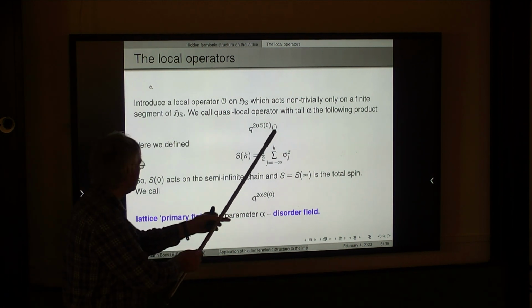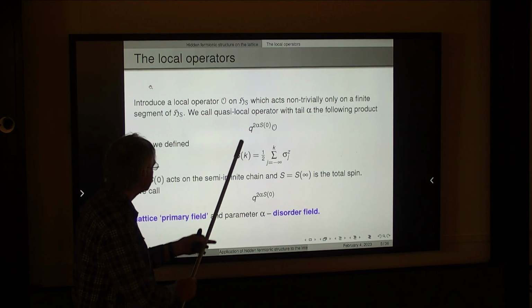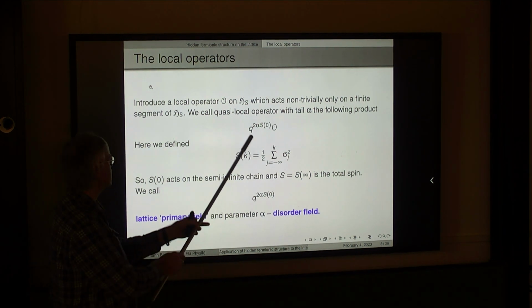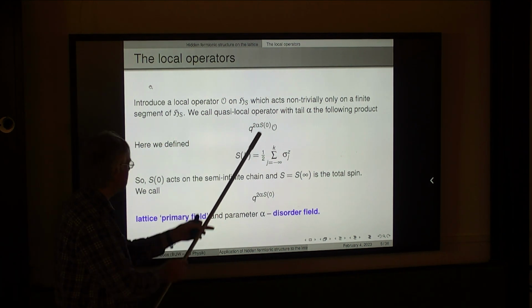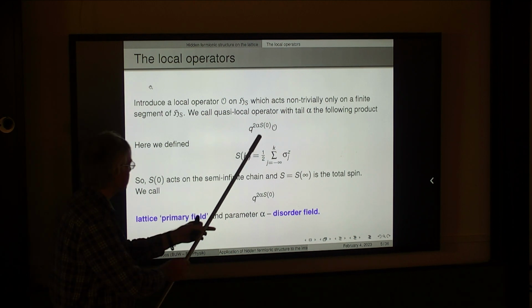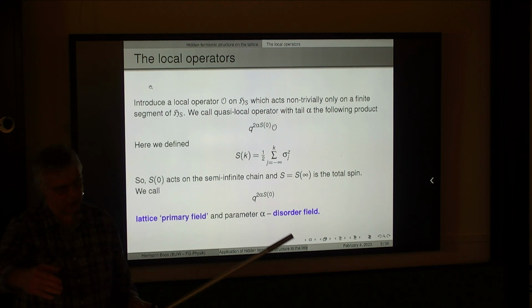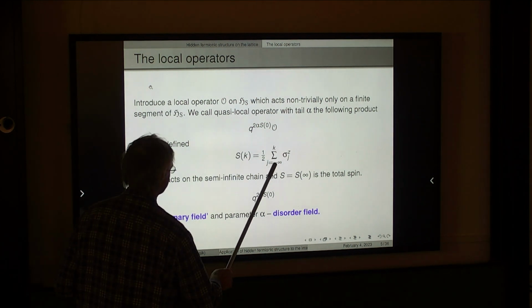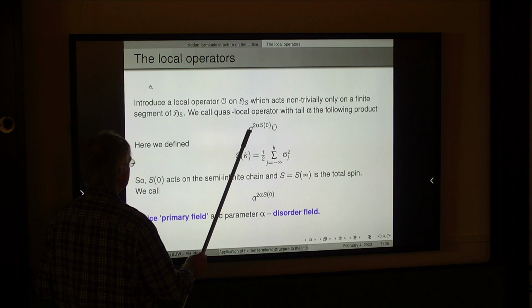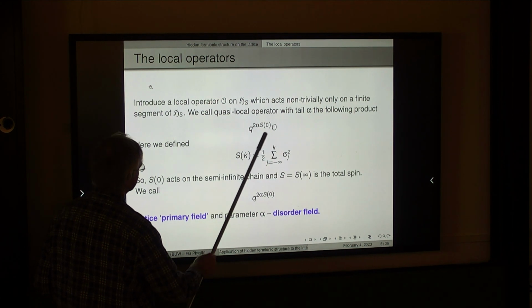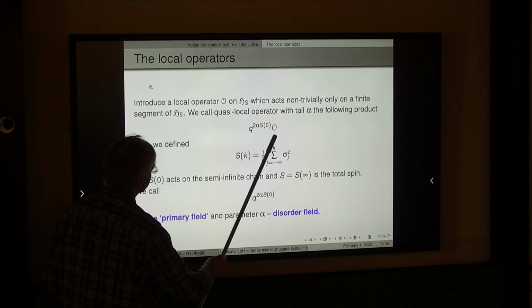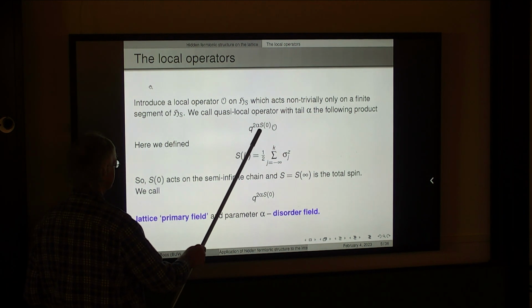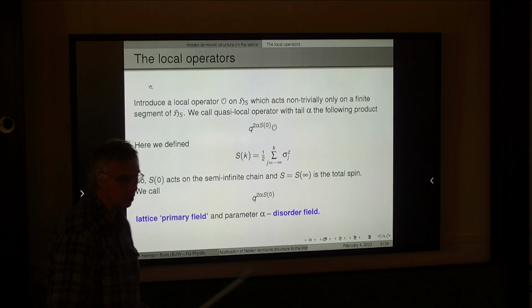So this is O, and we also multiply it with this q to the alpha S of 0, and S of 0 is, as we see, some semi-infinite sum from minus infinity to 0, and this together with the scale, we call it a quasi-local operator.